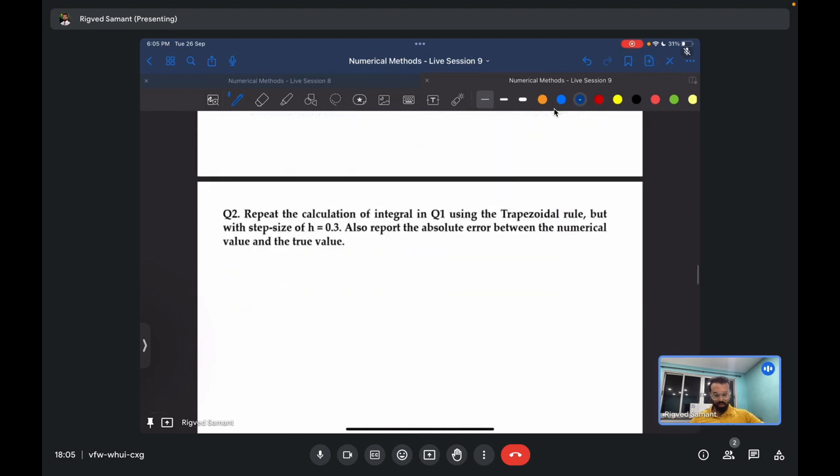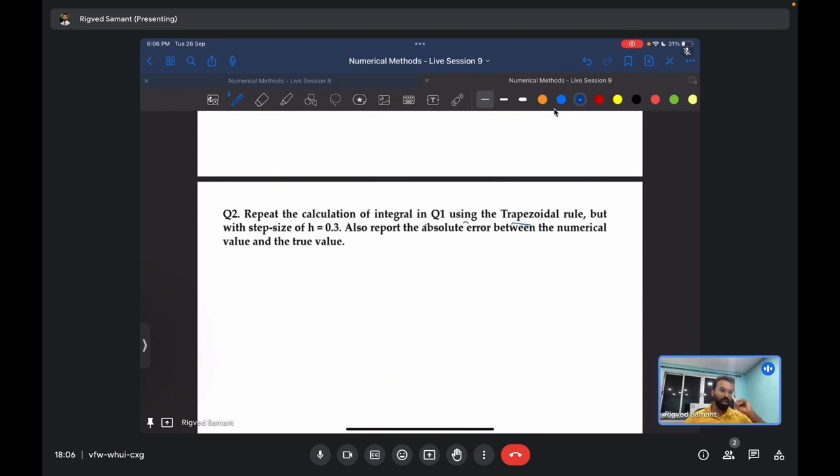Repeat the calculation of the integral in Q1 using the trapezoidal rule, but with a step size of h = 0.3. Also, report the absolute error between the numerical value and the true value. What we did in the trapezoidal application earlier was at the midpoint.